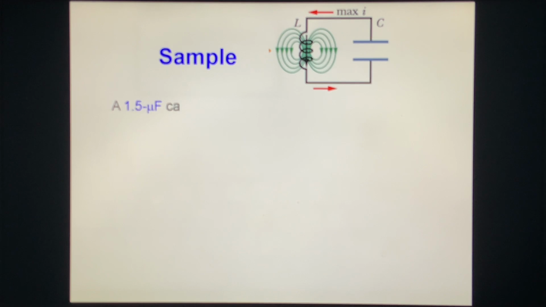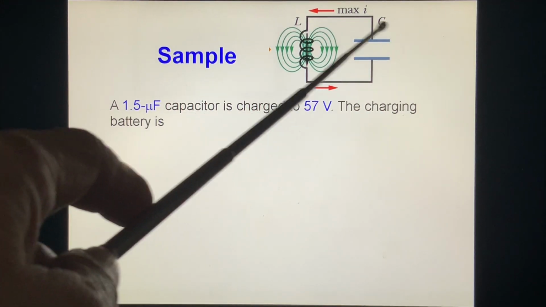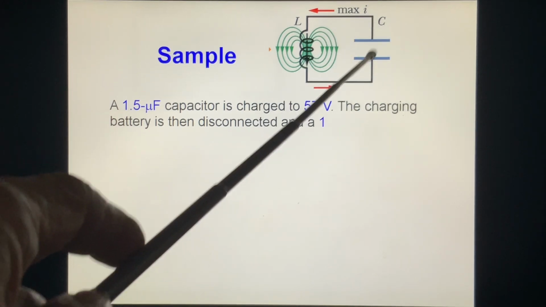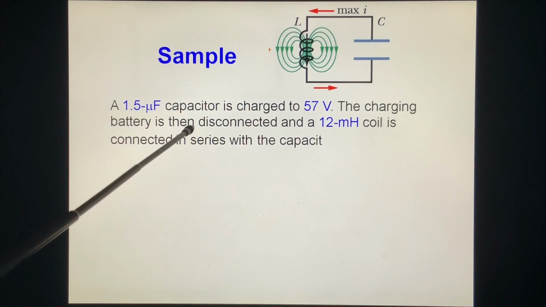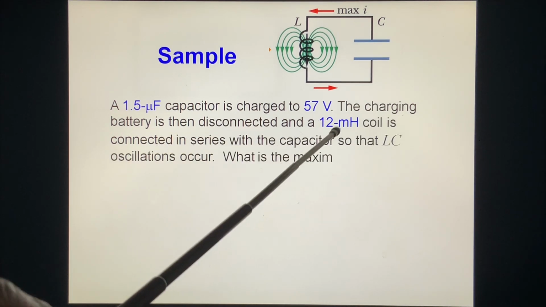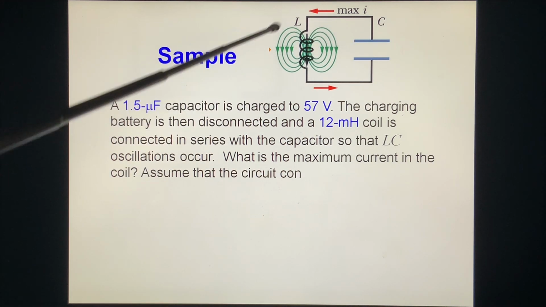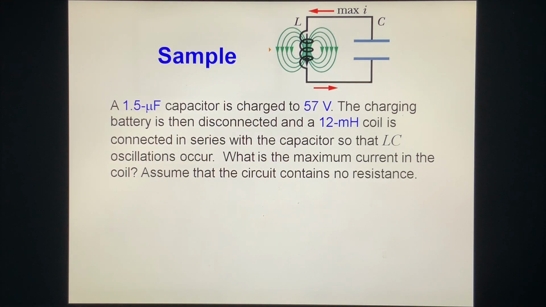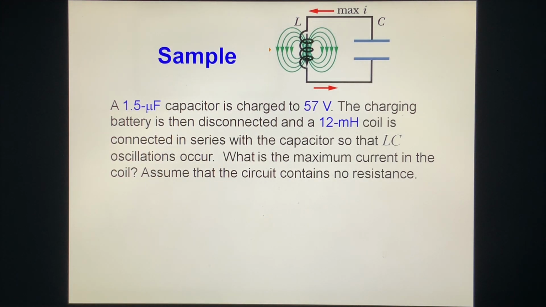Example: a 1.5 microfarad capacitor is charged to 57 volts. The charging battery is then disconnected, and a 12 millihenry coil is connected in series with the capacitor, so that an LC oscillation occurs.